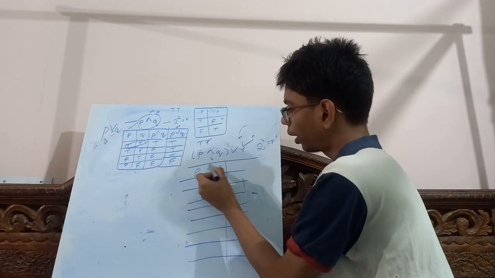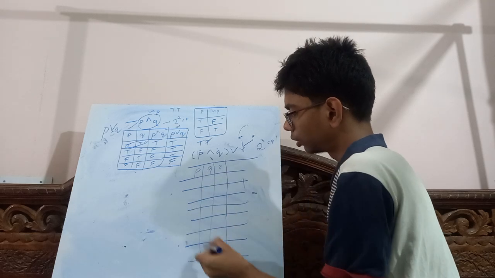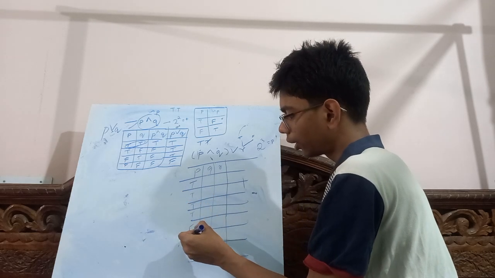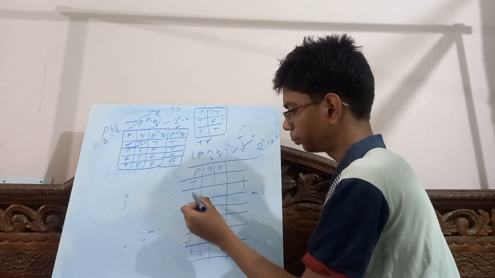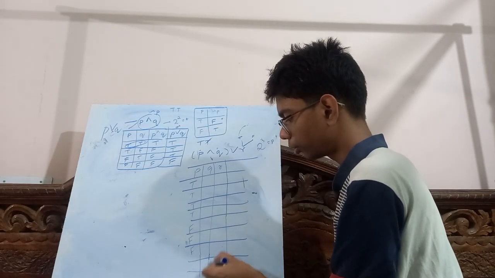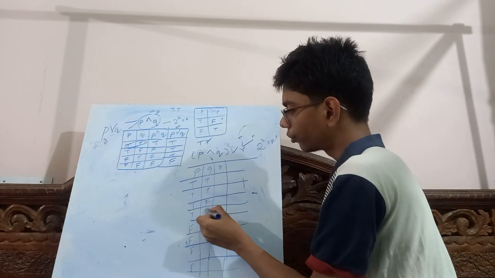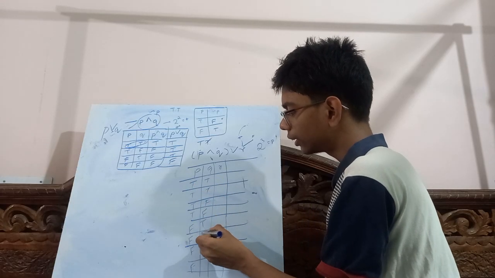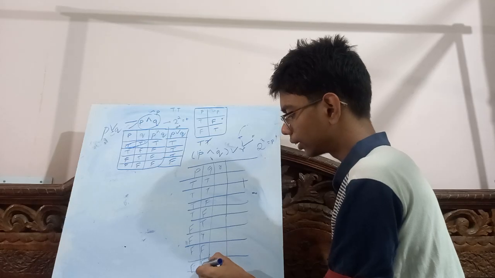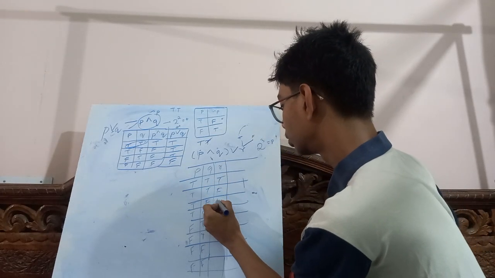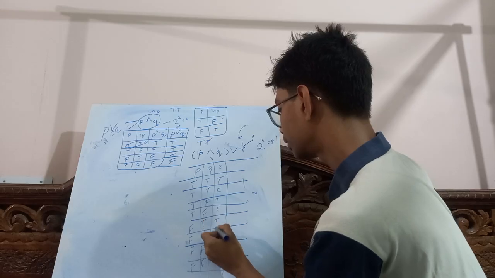P, Q, R. I will write T, T, T, T, F, F, F. One more row I left. And then double T, double F. This helps us in covering all kinds of cases, right? And then alternate, true and false.